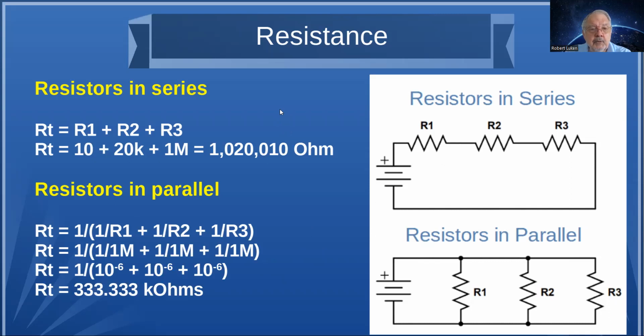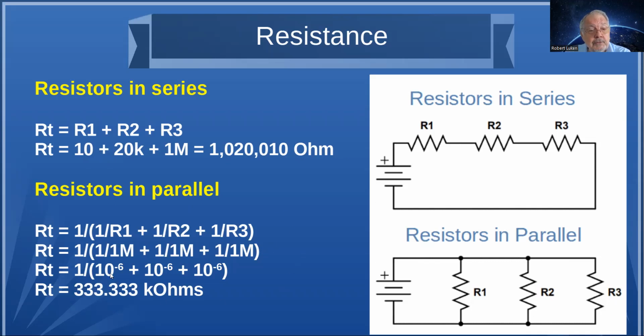This is just another example showing if I have a very small value, like 10 ohms, a 20,000 ohm, and a 1 mega ohm resistor all in series, that it's still going to be just slightly more than 1 mega ohm. Here I took 3 1 mega ohm resistors in parallel.